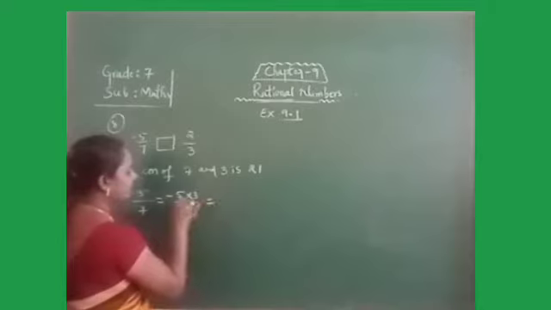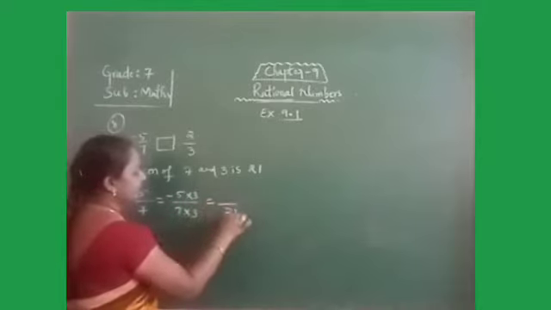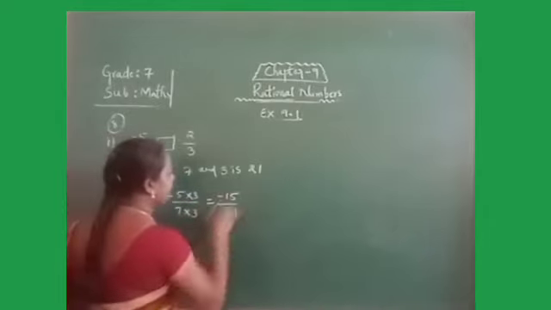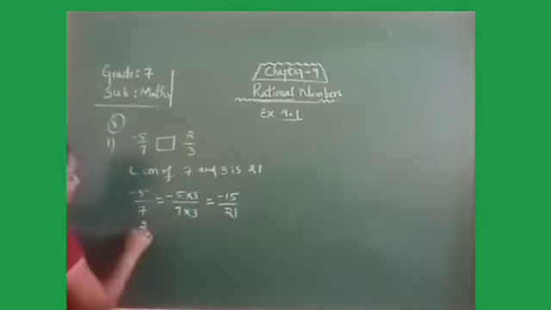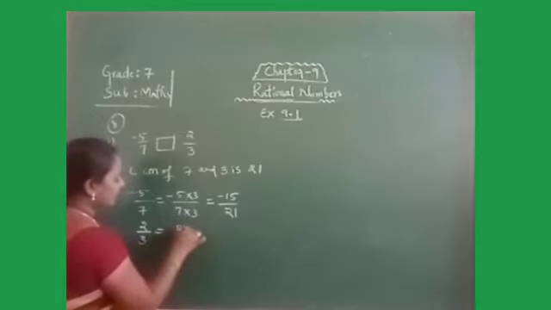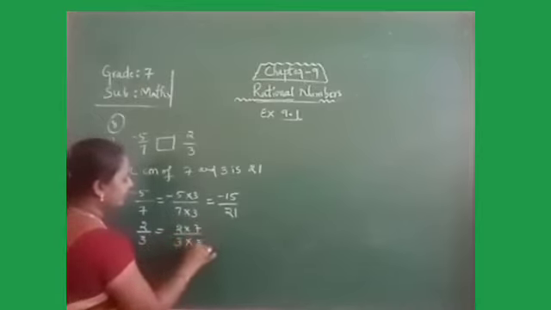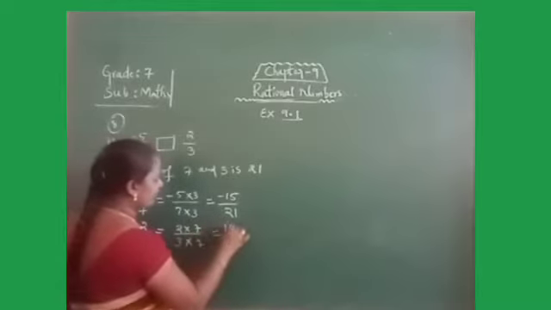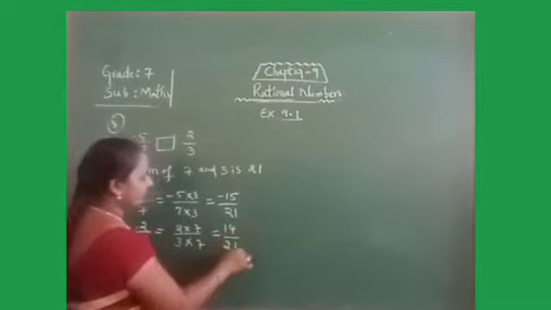Minus 5 into 3 is minus 15. For 2 by 3, multiply numerator and denominator by 7. 2 into 7 is 14, so 14 by 21.